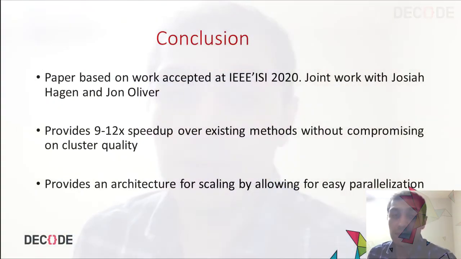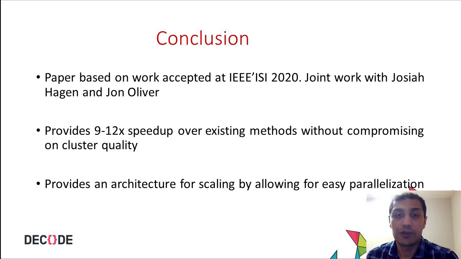So in conclusion, a paper based on this work was recently accepted at IEEE ISI, which is Intelligence and Security Informatics. This is joint work with Josiah Hagan and Jonathan Oliver. In recap, it provides a 9 to 12x speed up over existing methods, and the important thing is without compromising on cluster quality.